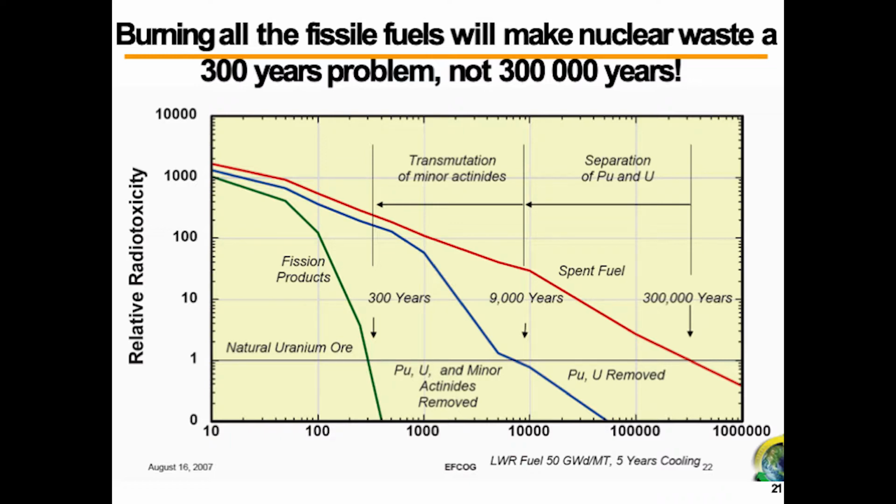Now, if we could do it, and here's a DOE slide, relative toxicity of spent fuel, if we do nothing, that's the red line, right? So we get to the radiotoxicity of uranium ore in about 250,000 years. Now, if we remove plutonium, uranium, and minor actinides, so the transplutonium elements, out, we end up with something that needs to be shielded from the environment for 300 years.